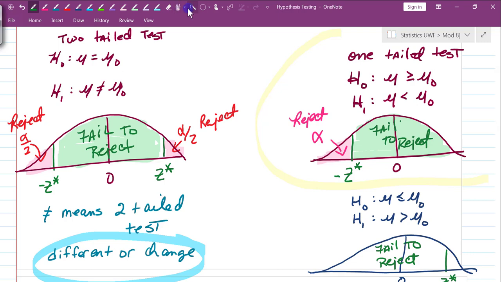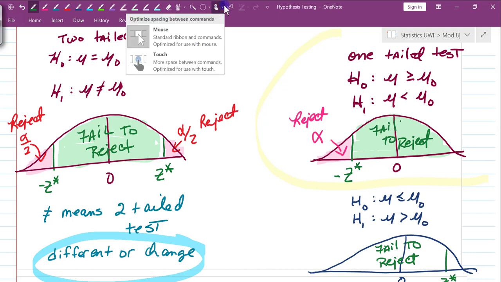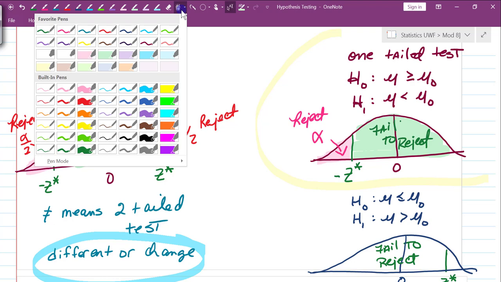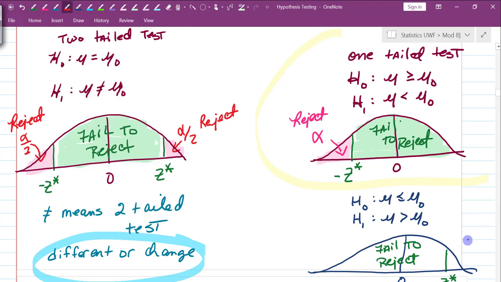And then we're going to have our alpha, all of it, right here, okay? And this is reject. We're not cutting alpha in half because we're putting the whole area at the greater side, okay? So in the right-hand side, this is a right-tailed test.